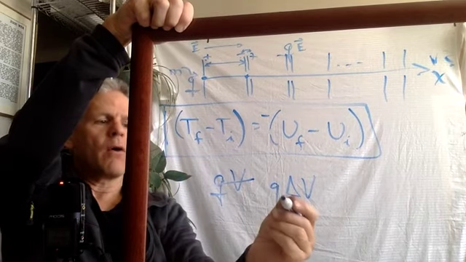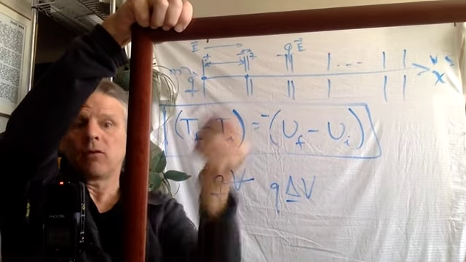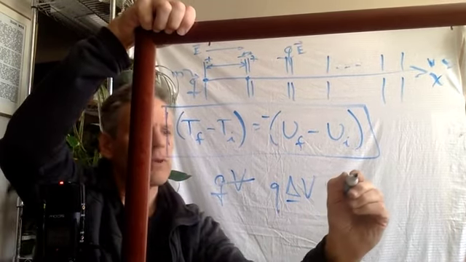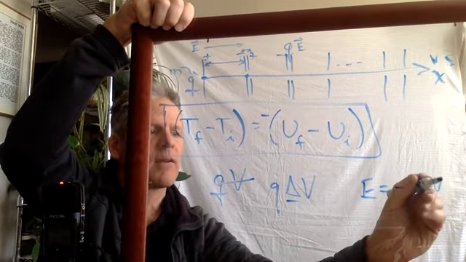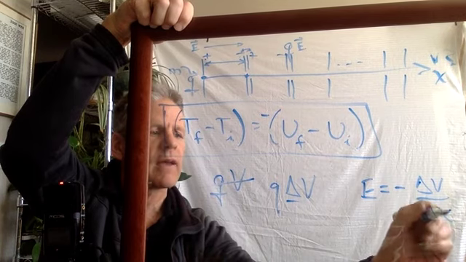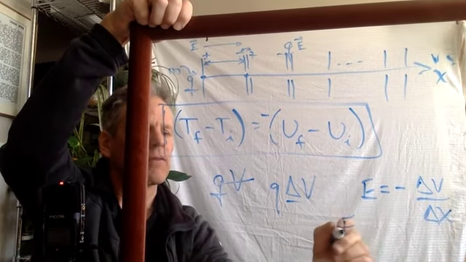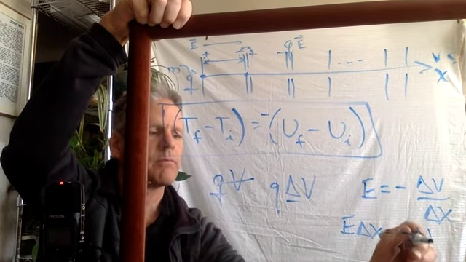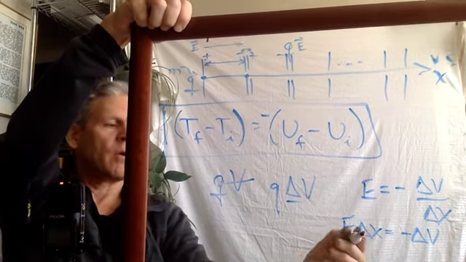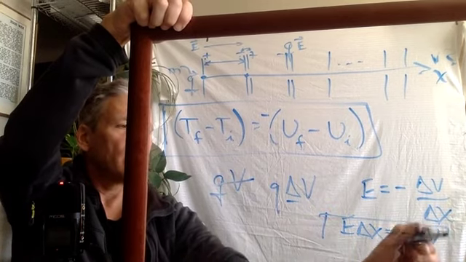So all we need now is to figure out what the delta V is in this little plate right here. We know E is defined as minus delta V over delta X. So we know what E is, so we have E delta X is equal to minus delta V. Okay? So we now know what delta V is.